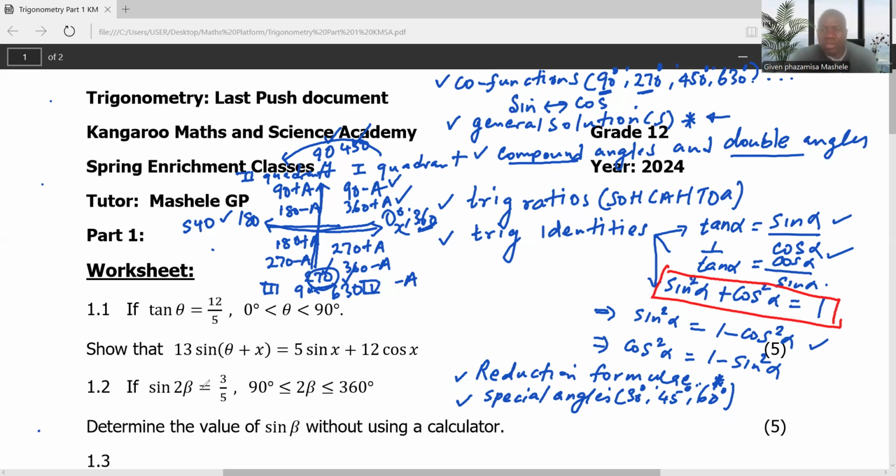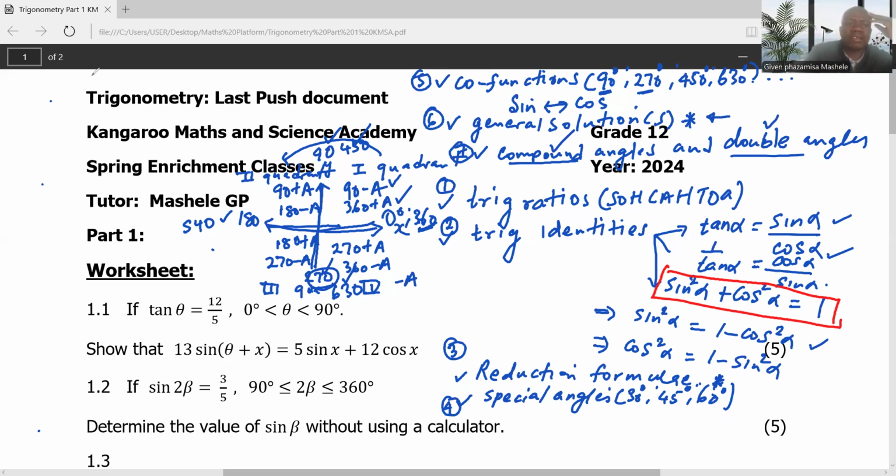I think now you'll be able to follow with me. So the trig ratios, trig identities, reduction formulae, special angles, cofunctions, general solutions, and the compound angles and double angles.